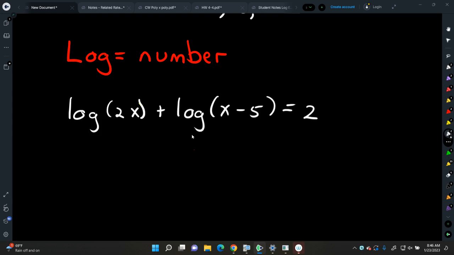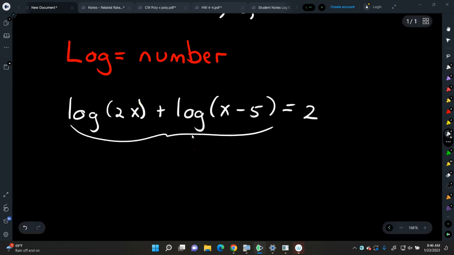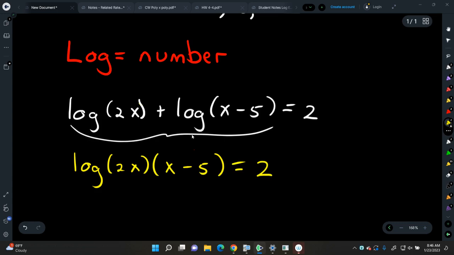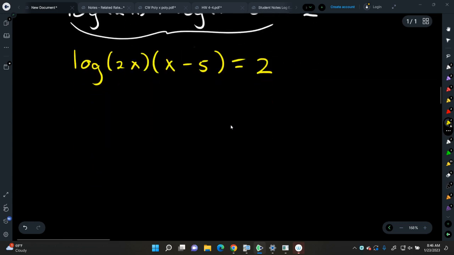So can we change this so that it's just one log? Sure. Log 2x times x minus 5. Now we've got just one log on the side and a number on the other side. So what can we do from there?